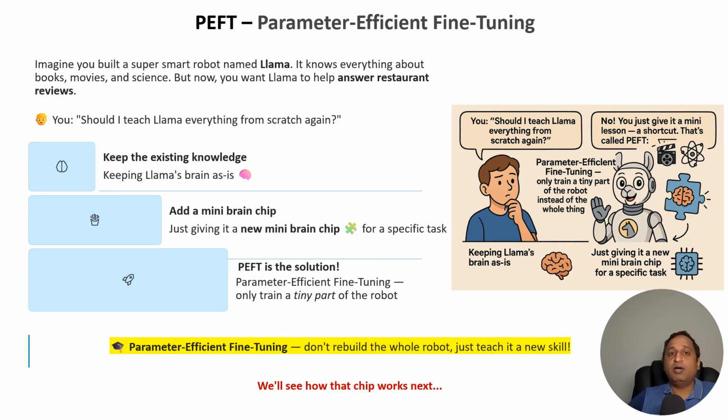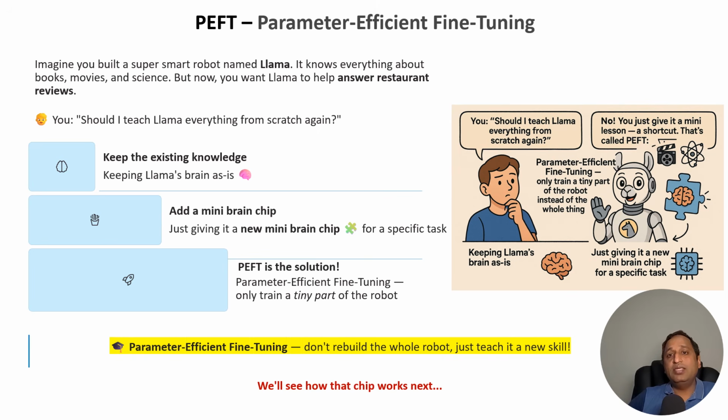Now we want Llama to help with something specific, like understanding restaurant reviews. Normally, to teach new skills, we would have to retrain the entire model from scratch. But that's like asking Llama to go back to school for years just to learn one topic. Instead, we use a clever shortcut called parameter efficient fine-tuning, or PEFT.